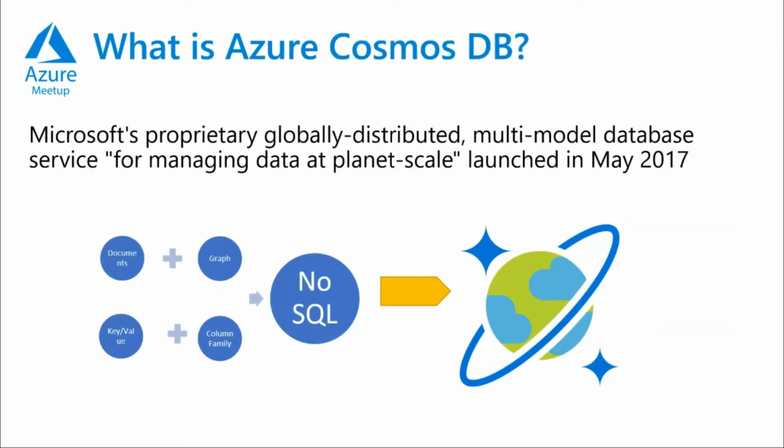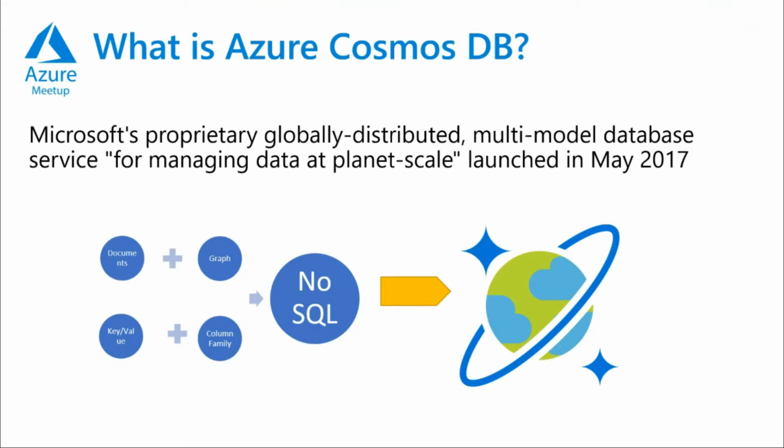Now, let's talk about what Azure Cosmos DB is in the first place. This is the marketing line: proprietary, globally distributed, multimodal database, and so on. Basically, it's a database that runs on Azure. The nice thing about it is that it can run at global scale. You can put petabytes of information into it, and you can query it in all sorts of interesting ways.